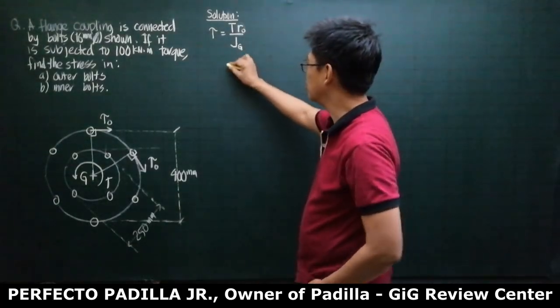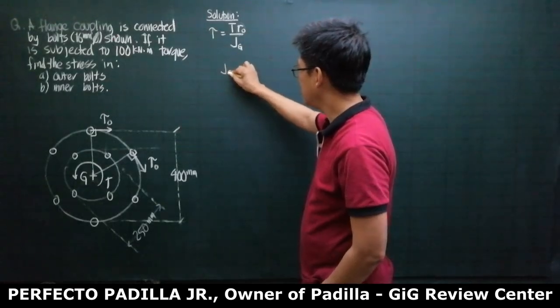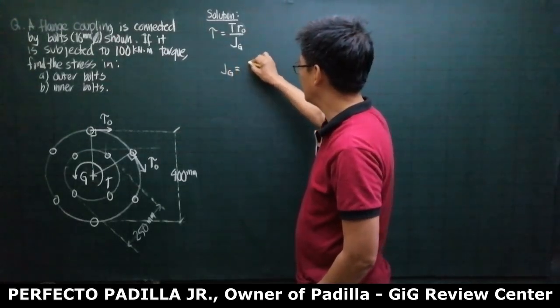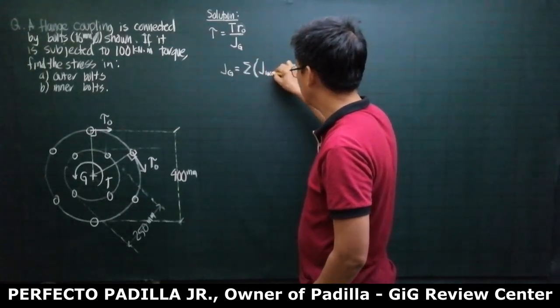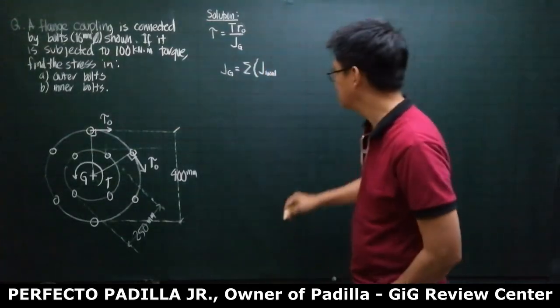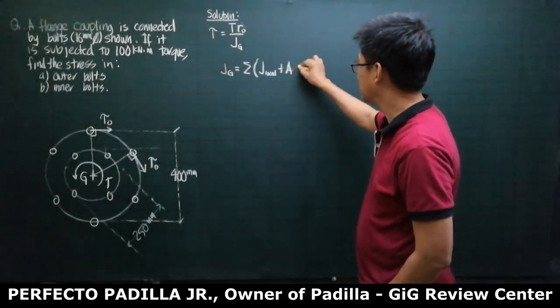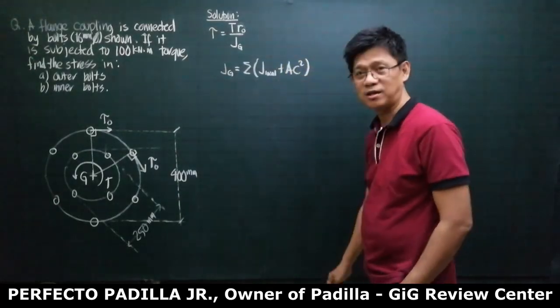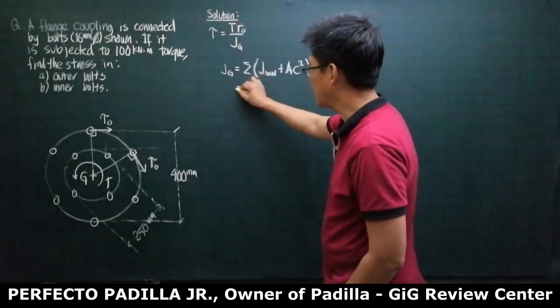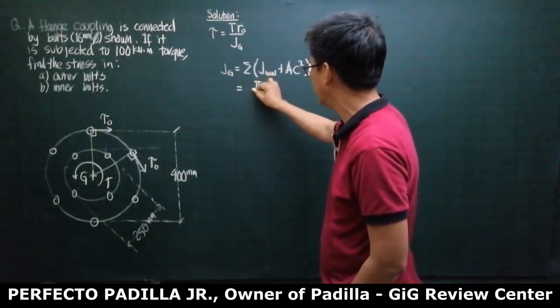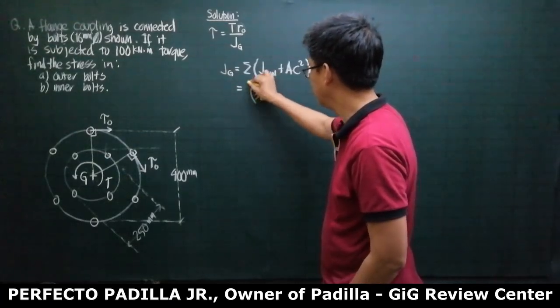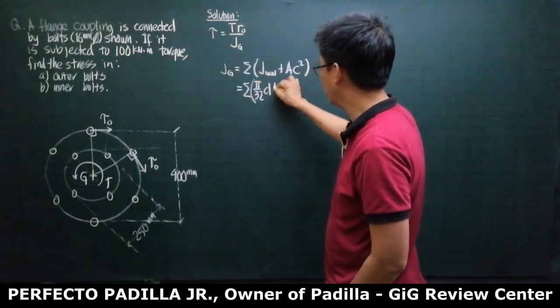Let me just first solve the J global. The J global is going to be the summation of J local, J of each bolt, plus area times transfer distance squared. So the J local, for example, of this is pi over 32 D to the fourth.